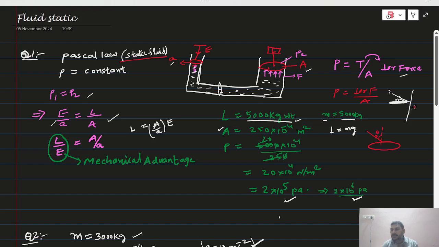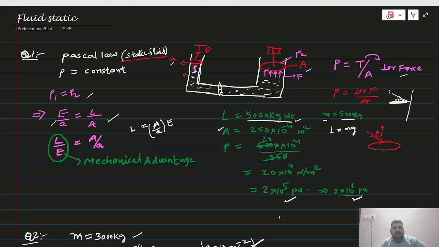Then you have to resolve this given force into the perpendicular direction. Then it is the perpendicular component of force by area. That is F sin theta or F cos theta, depending on the angle. So according to the statement, P1 is equal to P2 in this diagram.